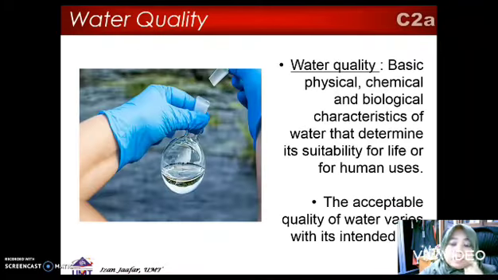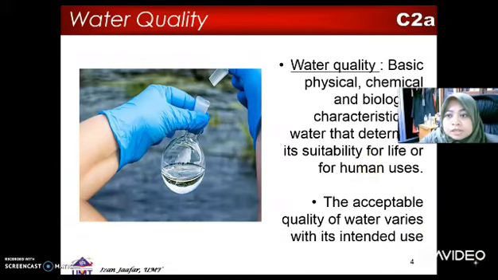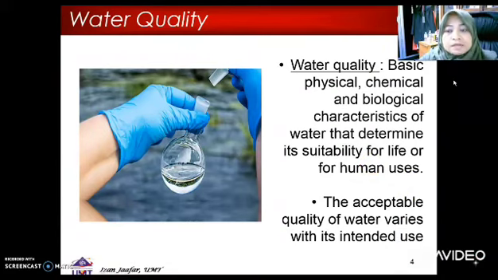So, basically, what is water quality? It is the basic physical, chemical, and biological characteristics of water that determine its suitability for life or for human use. If any of those three characteristics is not fulfilled, when we analyze to what extent humans can withstand, or the threshold limit, which is the maximum limit that we can stand, or else we'll get sick and eventually die. So that really determines the water quality criteria.